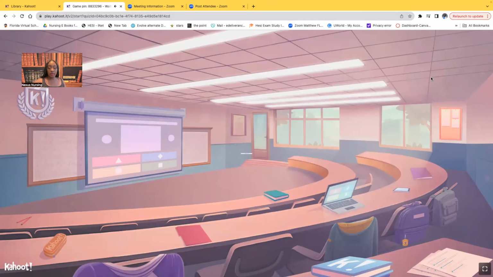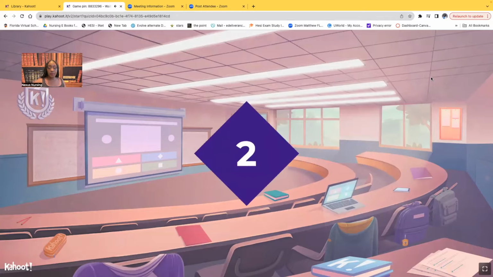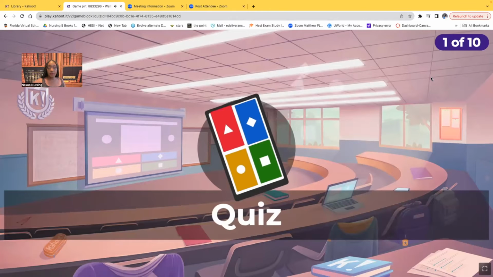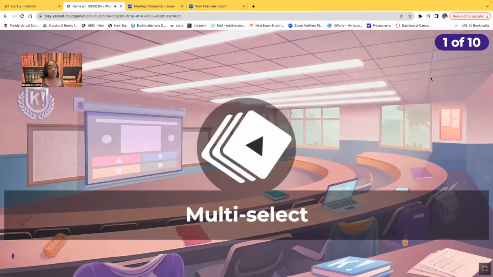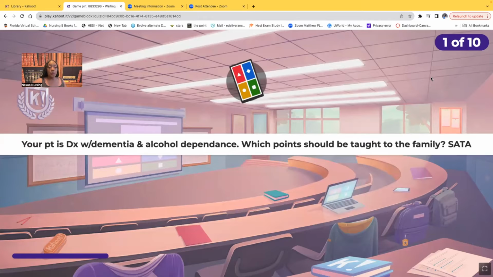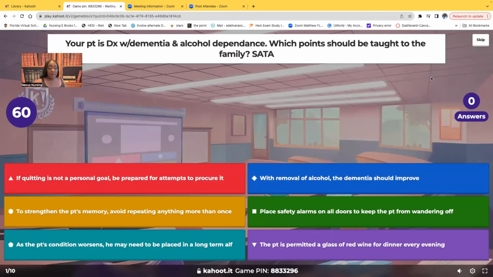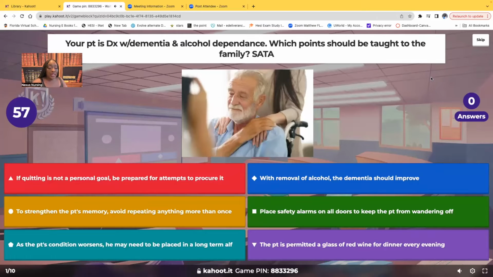Alcohol-related disorders. Select all that apply. Your patient is diagnosed with dementia and alcohol dependence. Which point should be taught to the family? If quitting is not a personal goal, be prepared for attempts to procure alcohol. With removal of alcohol, the dementia should improve.